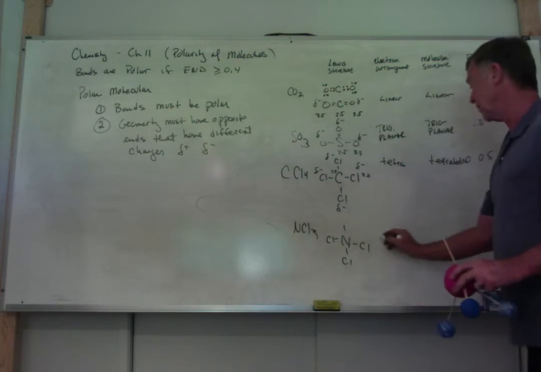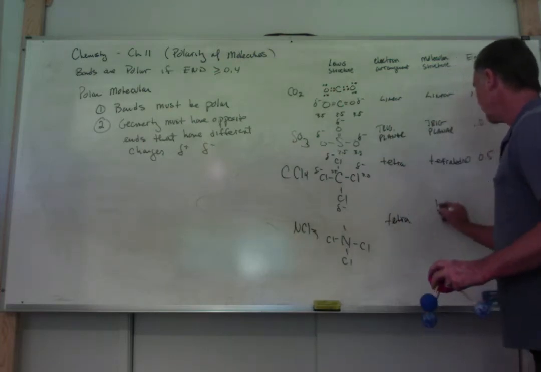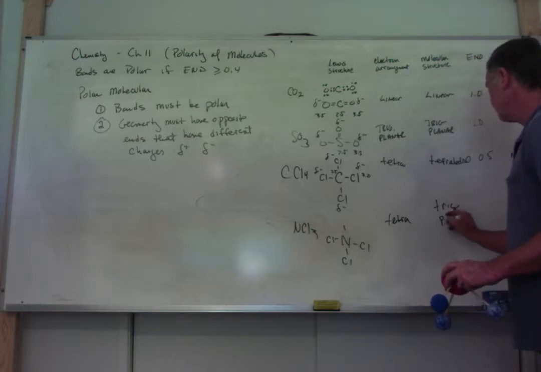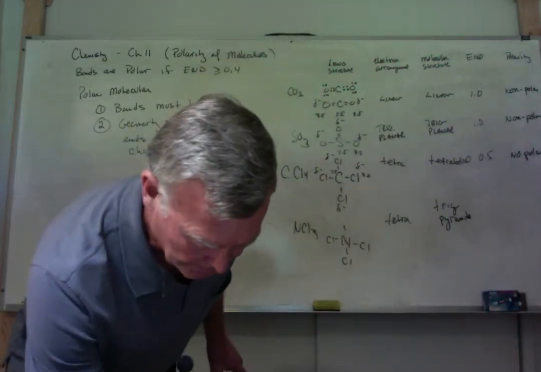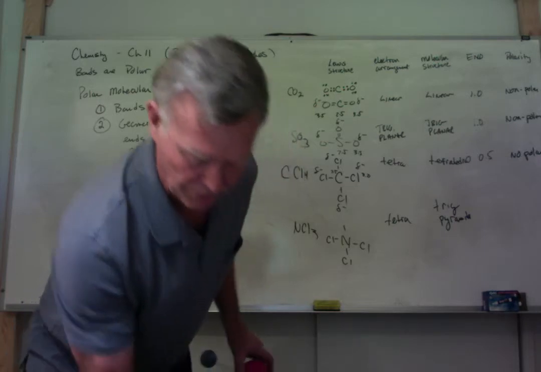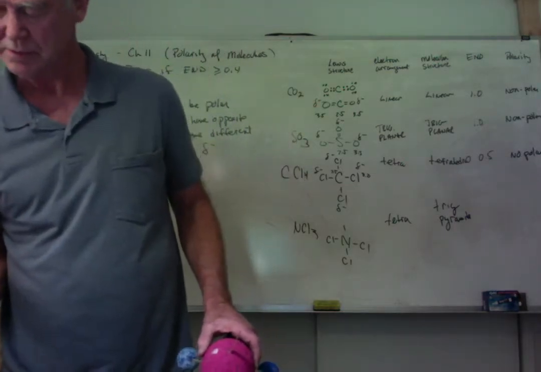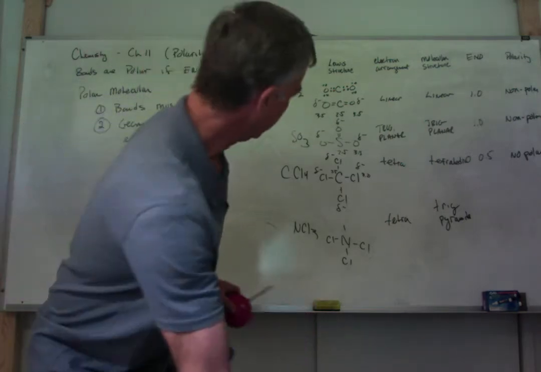This is still, because we're counting these, tetrahedral, but this is trigonal pyramidal. And by the way, N is 3.0, and I'm going to have to make this fluorine here.